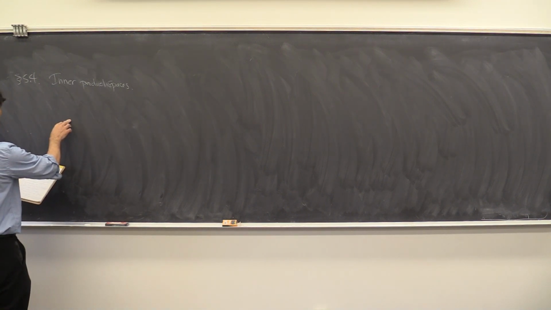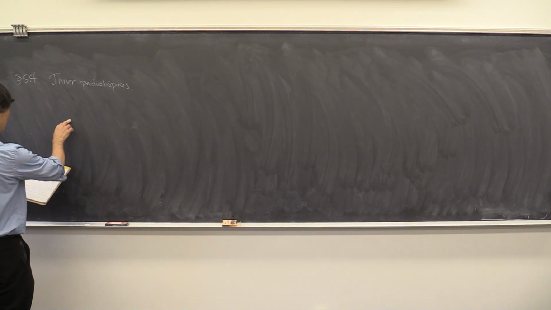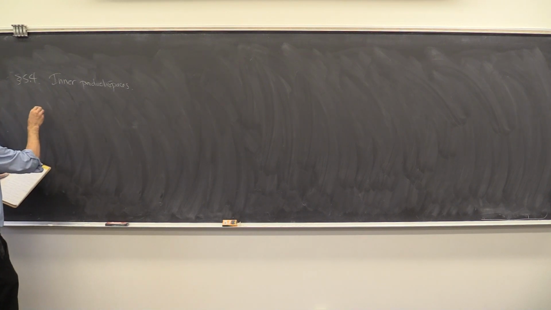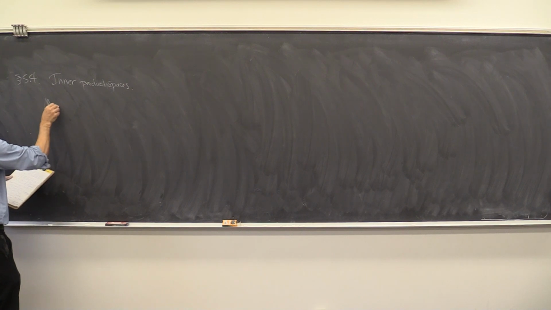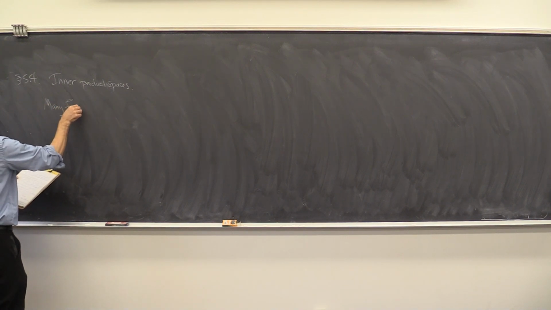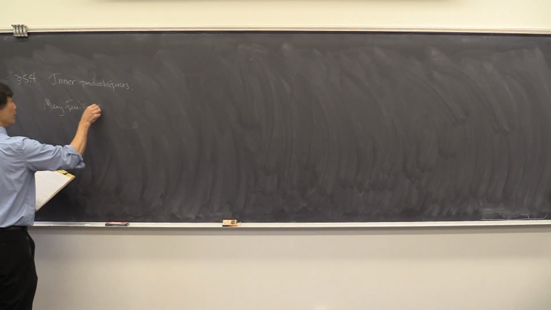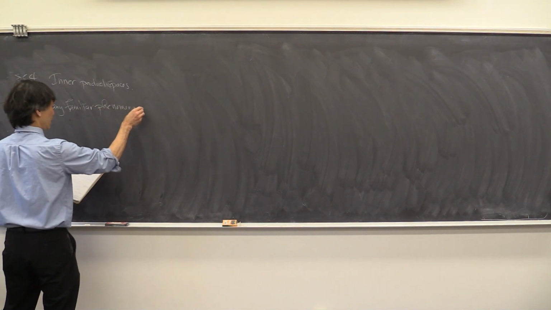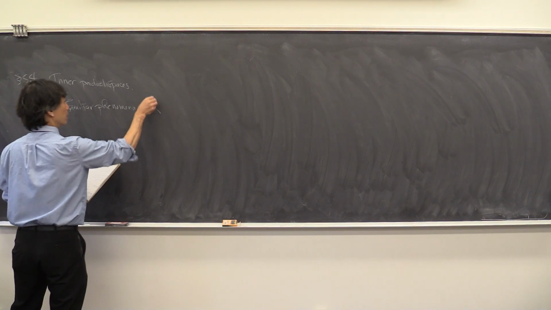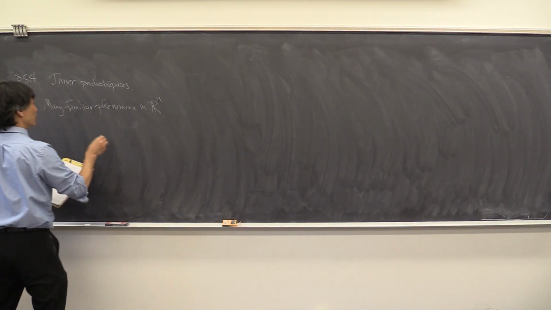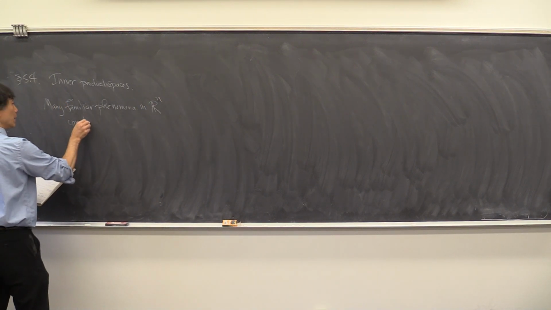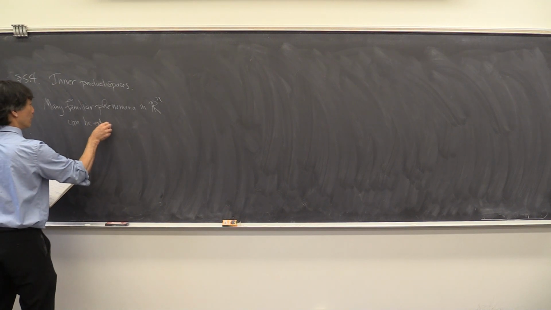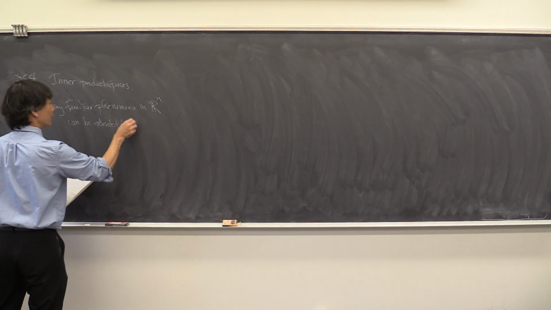Okay, so basically many familiar phenomena in R^n can be extended to abstract vector spaces.